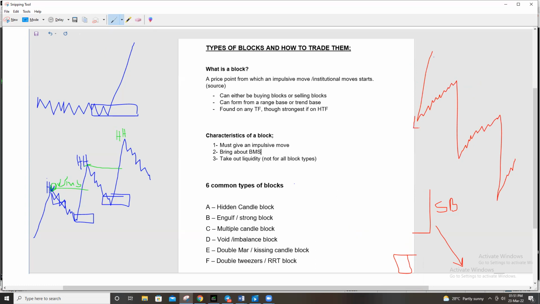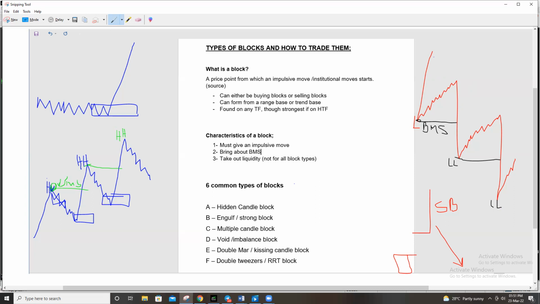So this is a low. For break of structure to happen, this low must be taken out or it must be broken for it to give us a lower low. So this action here is what we're calling break of market structure.